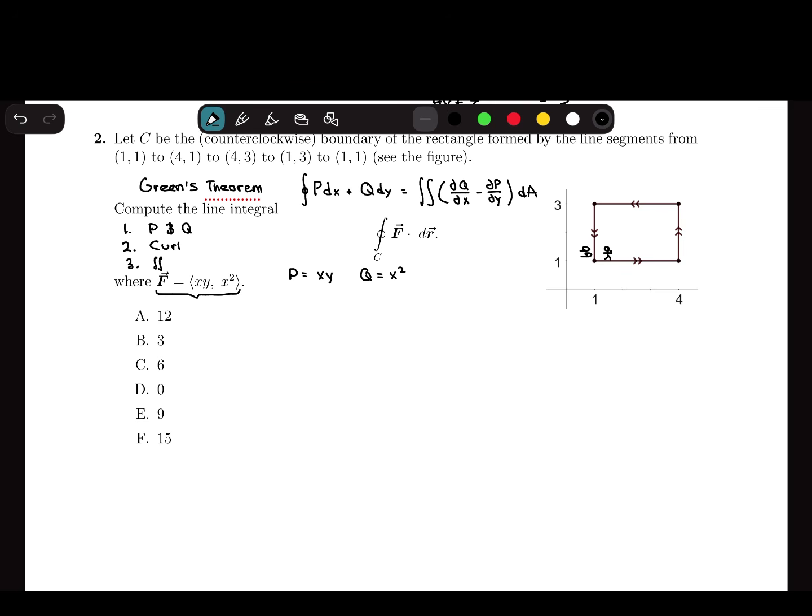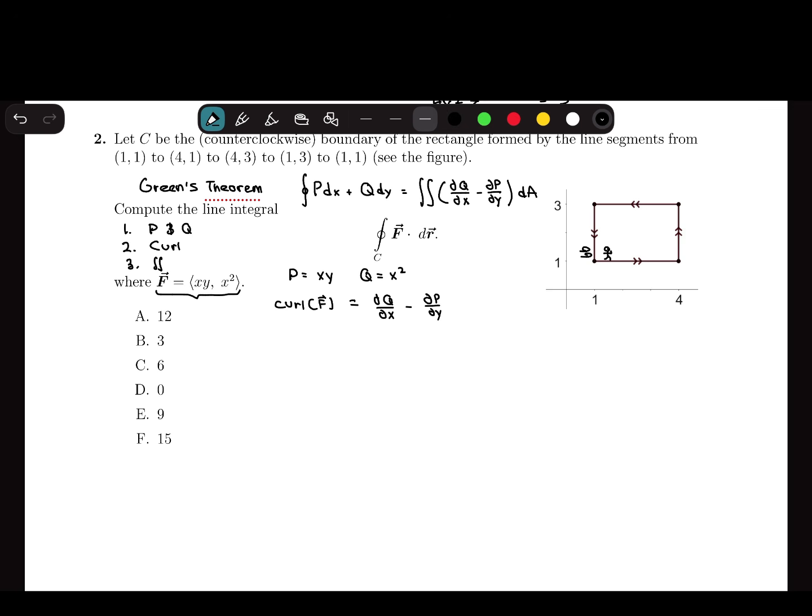And the second step is to find the curl. So the curl of, let's say, curl F, as they would call it in the textbook, is the partial derivative of Q with respect to x minus the partial derivative of P with respect to y.